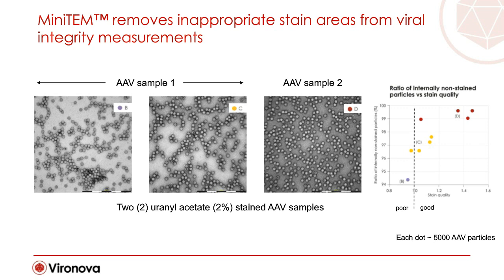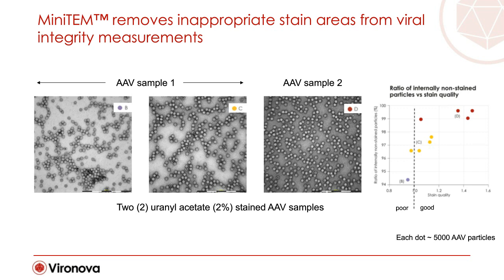Okay. How complicated is it to prepare the sample for MiniTEM measurements? The preparation is rather simple. It takes about 5 minutes. You add 3 microliters of your sample to the grid.